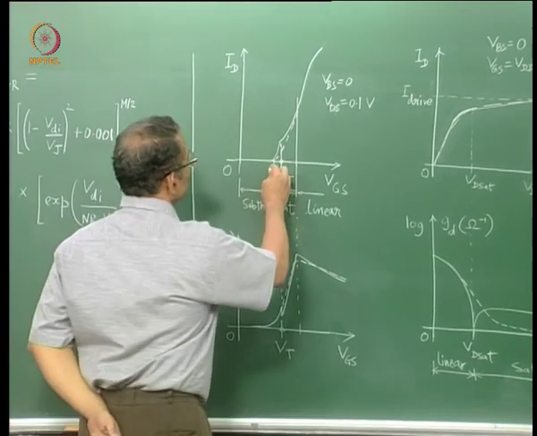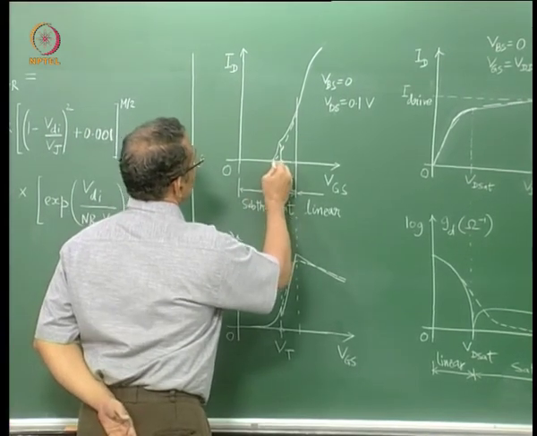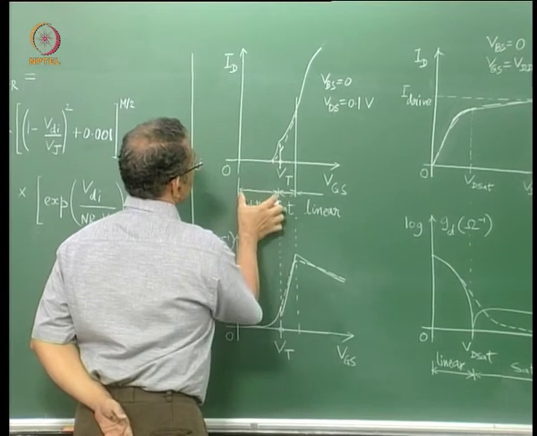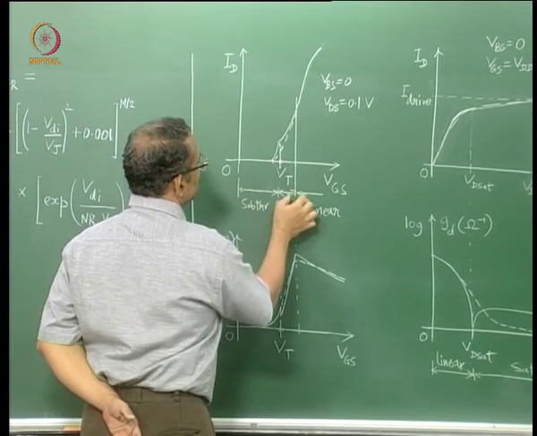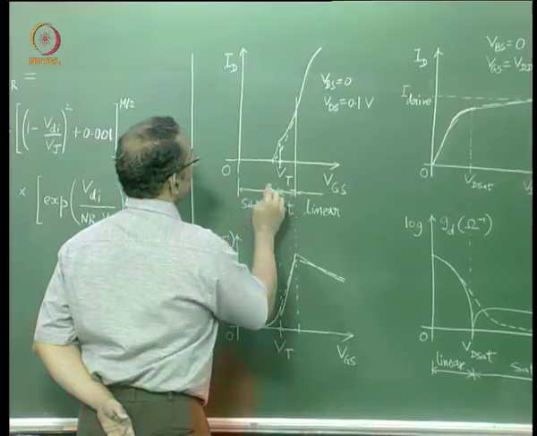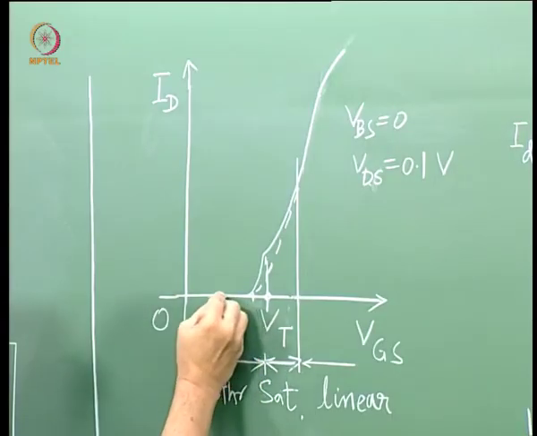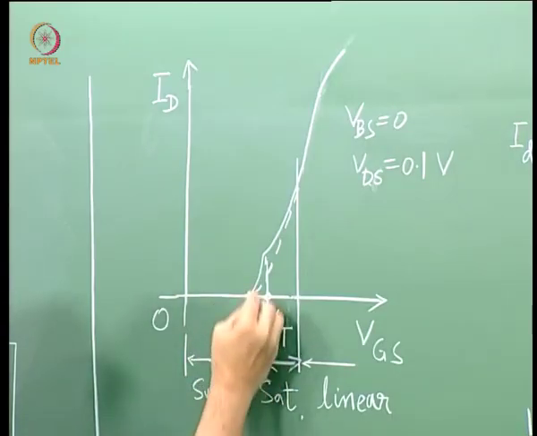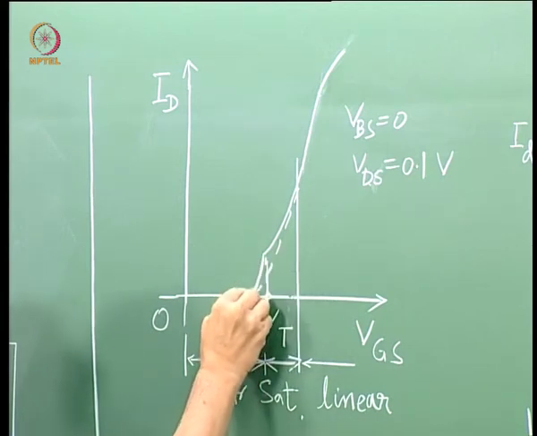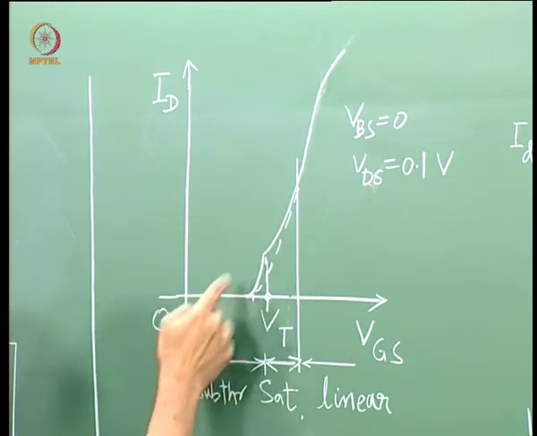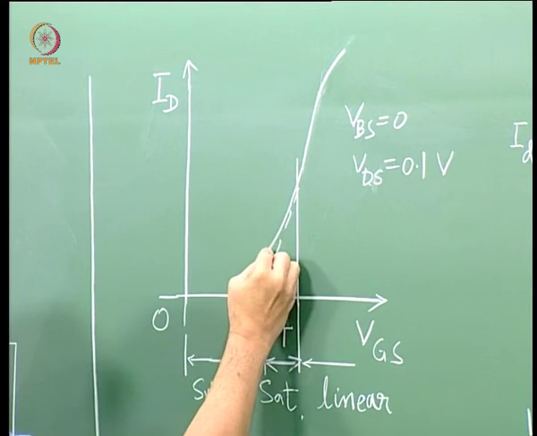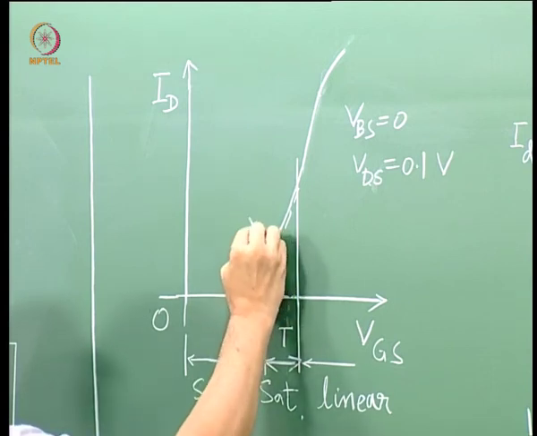Now a digital model will consist of model equations for subthreshold, saturation and linear regions. So you can see that you have one equation for the subthreshold which is having this kind of a graph, and then you can see that there is a kink here.